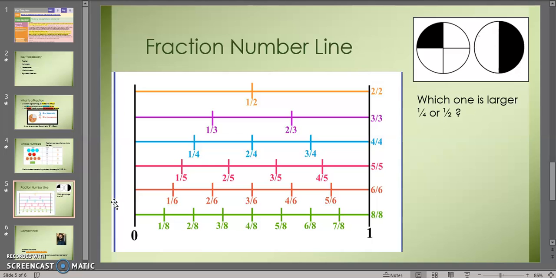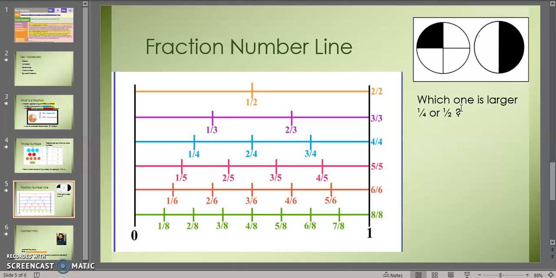One misconception that can be difficult for students to understand is which fraction is larger. Here is an example. Which one is larger, 1/4 or 1/2? Students may see the number 4 and think 4 is larger than 2. Therefore, they might conclude that 1/4 is bigger than 1/2.